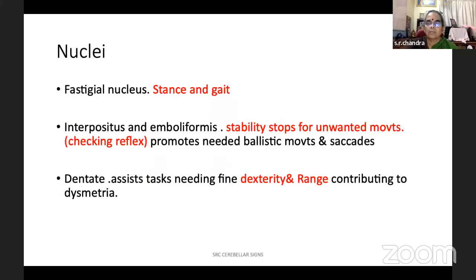So they are called stability stops for unwanted movements, or checking reflex. And the dentate nucleus assists tasks needing fine dexterity and range, fineness. Interpositus nucleus is responsible for the rebound phenomenon. When it is defective, the antagonist will not be activated, so rebound will happen.